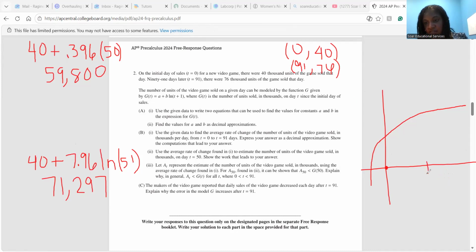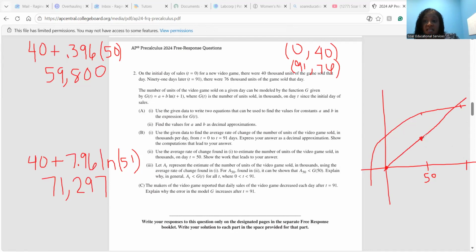Okay, so day 50, we're at 71,000 according to our function. Day 91, we're at 76. So this is the secant line that the average rate of change shows. And we use that secant line when we said A of 50, to see that it's at 59,000.